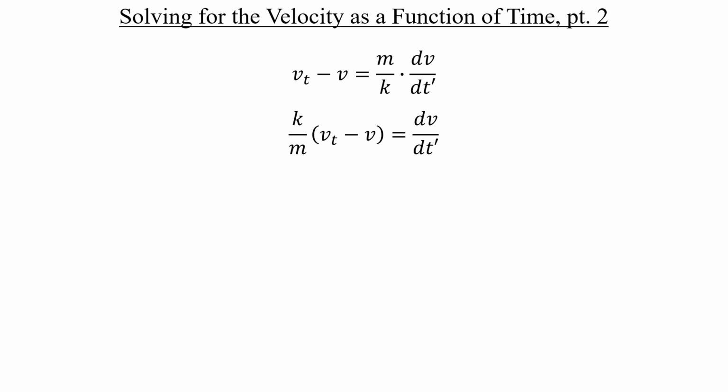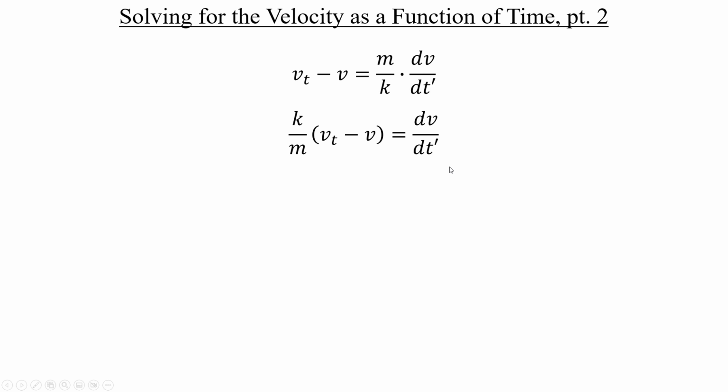Here is where we're going to use a differential equations technique known as separation of variables. To put it simply, we want all the terms that involve v on the right-hand side to hang out with dv, and we want all the other junk on the left. To do that, we're going to break this derivative up.